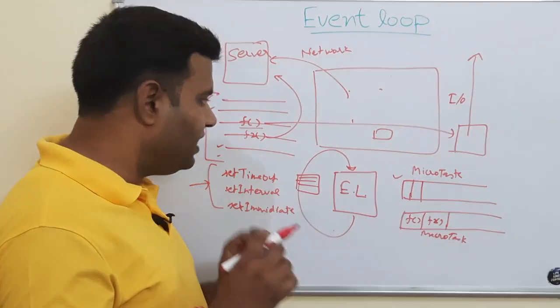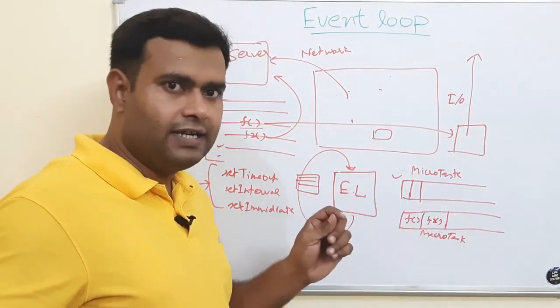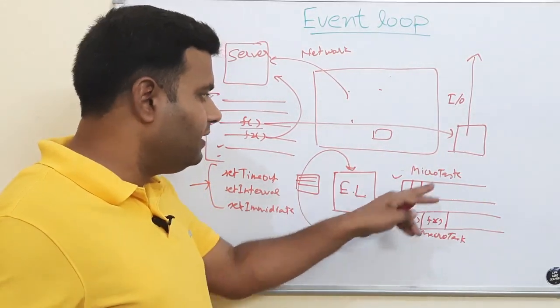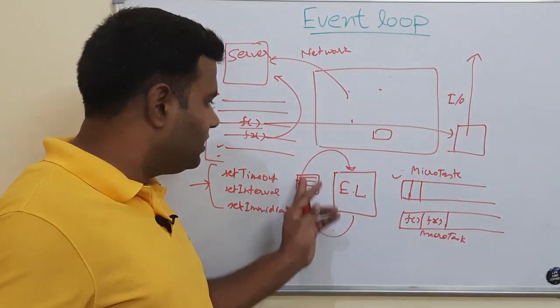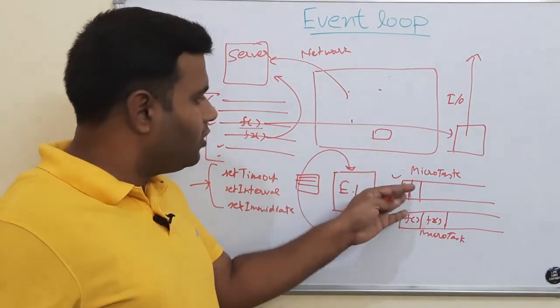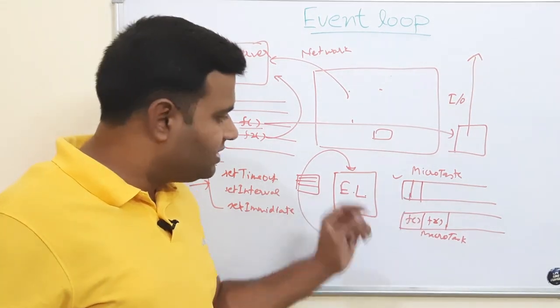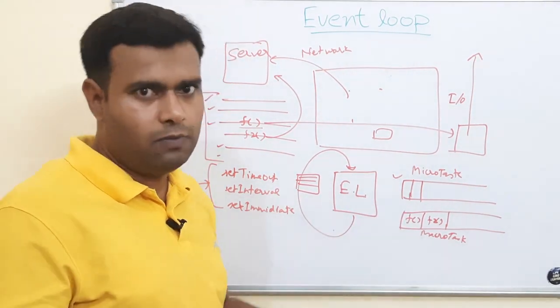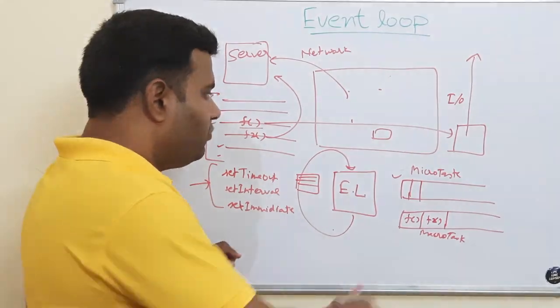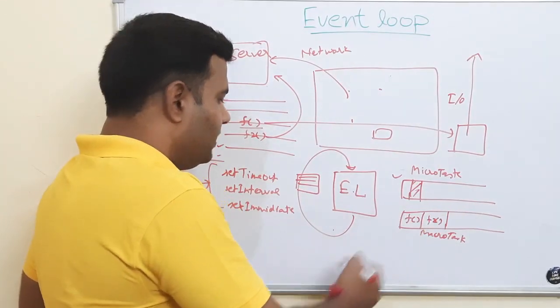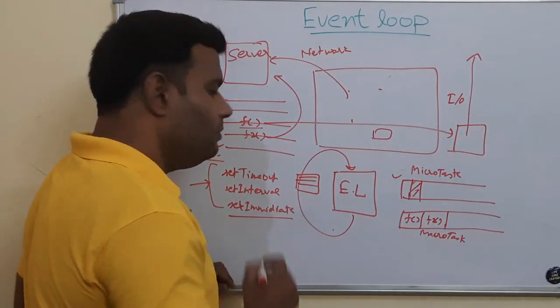If we want to put a task in the micro task queue, because micro tasks will definitely run after the bigger task is done, all the micro tasks will be completed, and after that the task from the macro task queue will be picked, right? So if we want to add anything here, we can use set immediate.